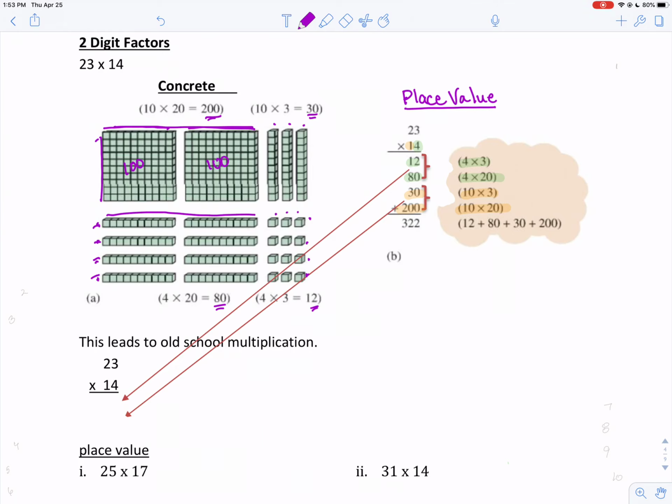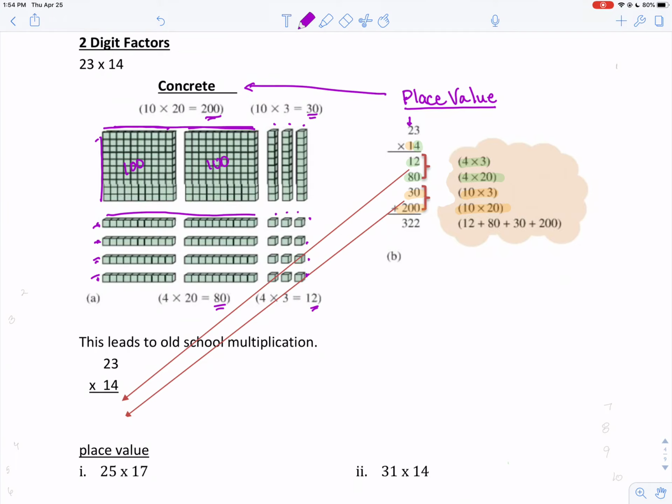Now let's use place value, and place value is going to represent this concrete. So look at the green one. We're going to say 4 times 3 and get my 12. Then we said 4 times 20 because that 2 is in the 10 spot and got 80. Then we're going to multiply, do the orange.